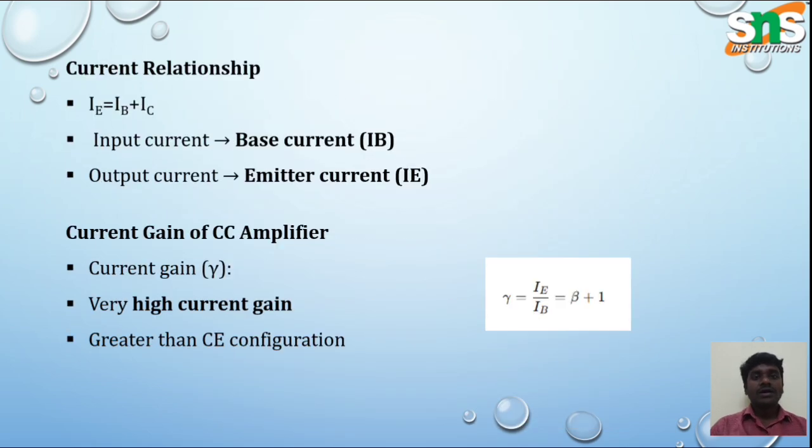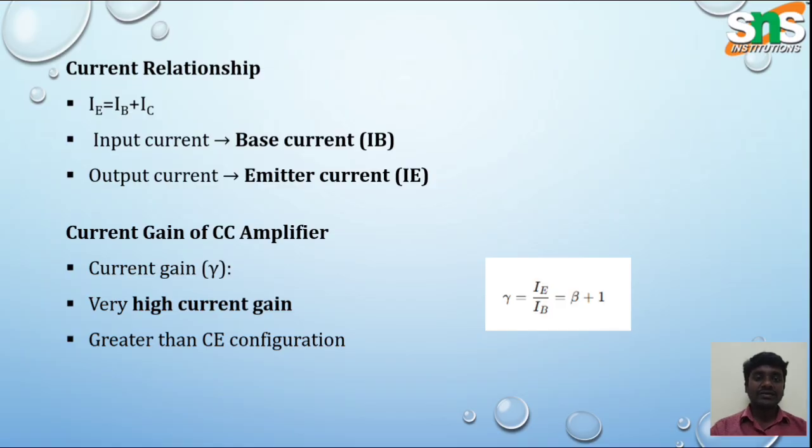The current relationship in the common collector configuration is IE, the emitter current, equals IB plus IC. The input current is the base current IB, and the output current is the emitter current IE. The base is the input, the emitter is the output, and the collector is the common one.